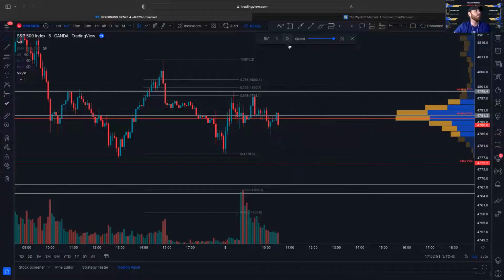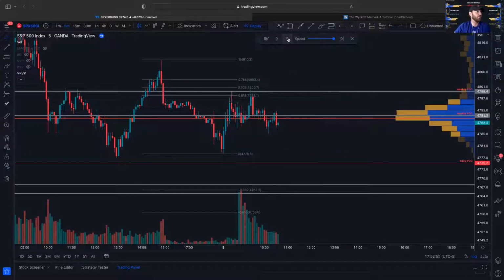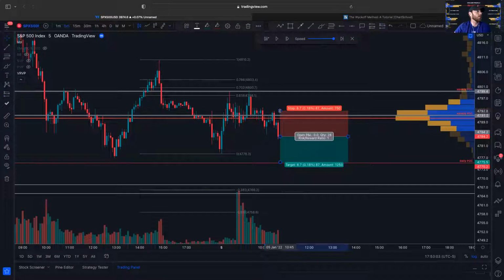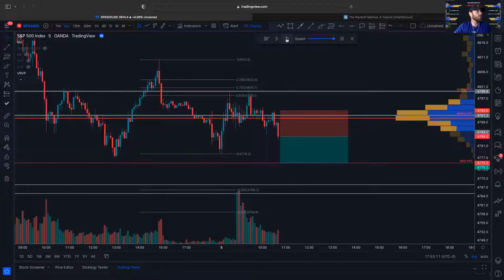But I still think it's going to fall. If we get a rise in volume and a bearish candle, it's going to fall. So, short again. 1-to-1.